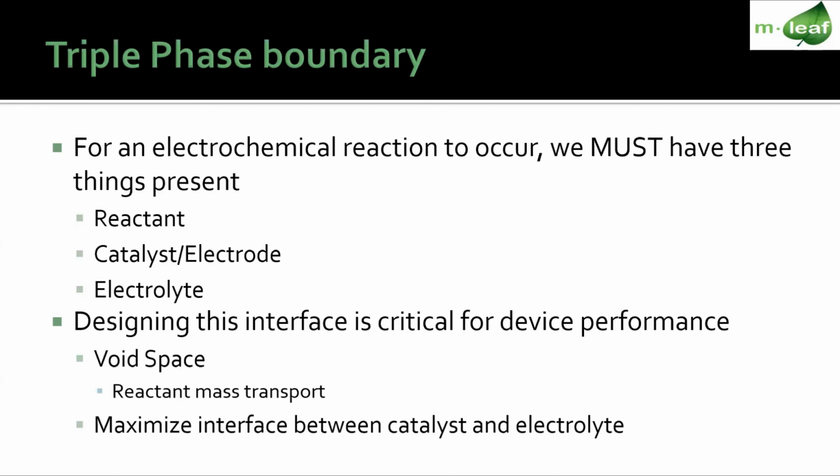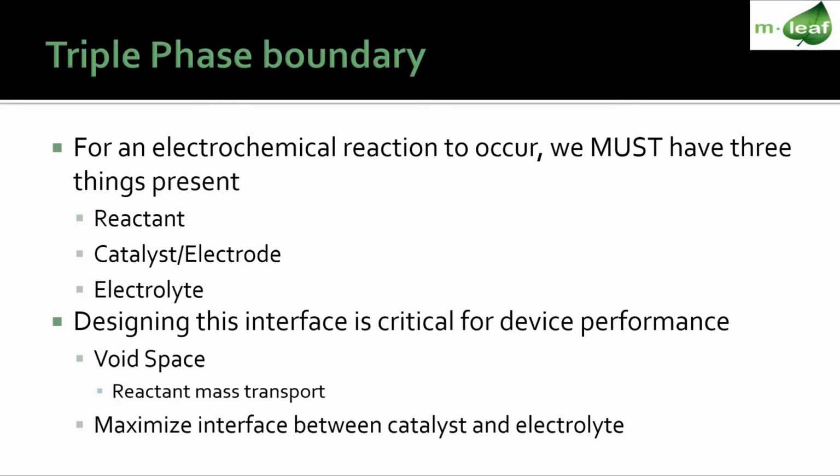And the contact with the electrolyte, especially if it's a solid, like in a fuel cell, for example, is very, very important to define where this triple phase boundary is. So a lot of electrochemical engineering is the act of trying to optimize all of these things inside of devices.